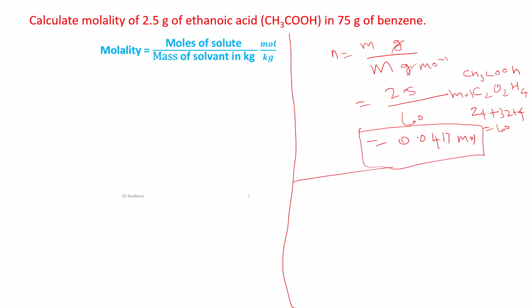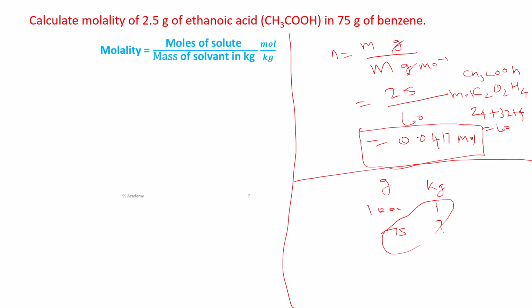Now we will convert that 75 gram into kg. Here also we have three data. The first two data are 1000 gram and 1 kg, and 75 gram is how many kg. We have two sets of data. First set is gram, second set is kilogram. First data 1000 gram is equal to 1 kilogram. 75 gram we don't know, that is what we have to calculate. Use our technique: multiply these two and divide by this.